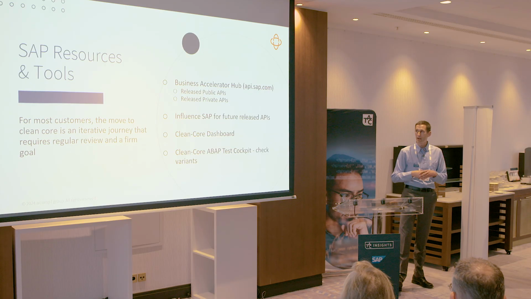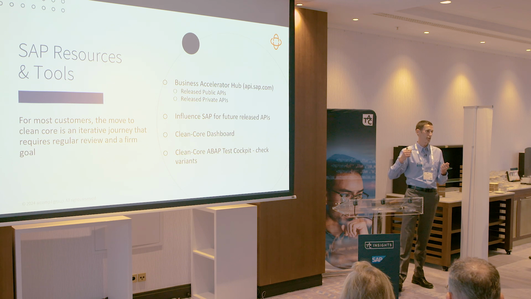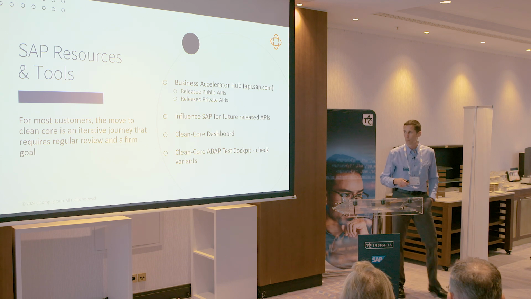So that's everything from those business objects I talked about, BAdIs, CDS views that are available, events. That's another important thing. Events that you can capture for both public and private, and then handle in your system.